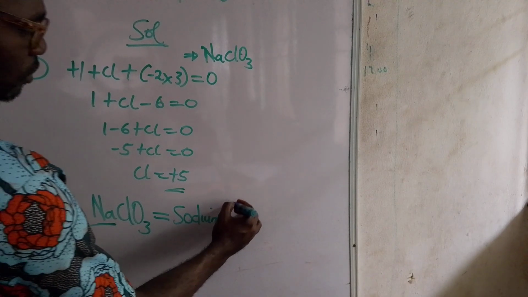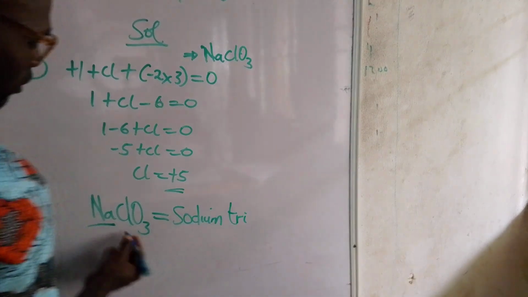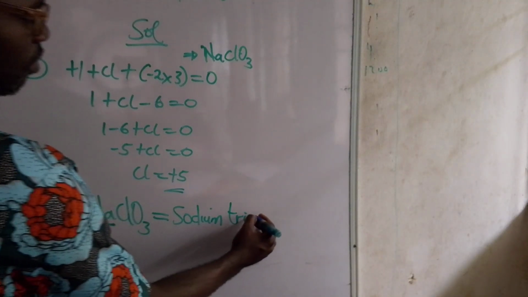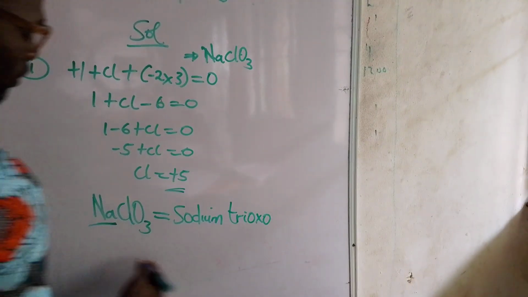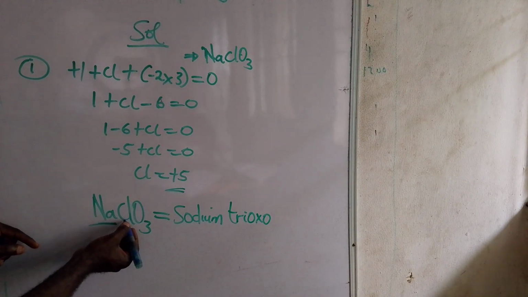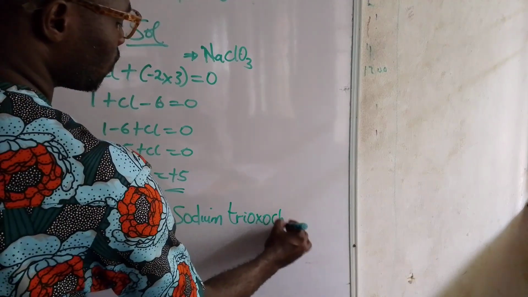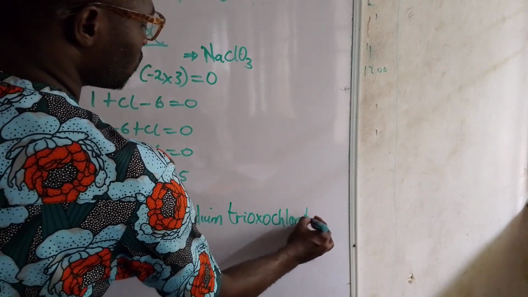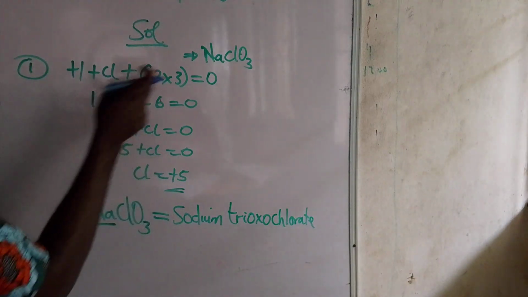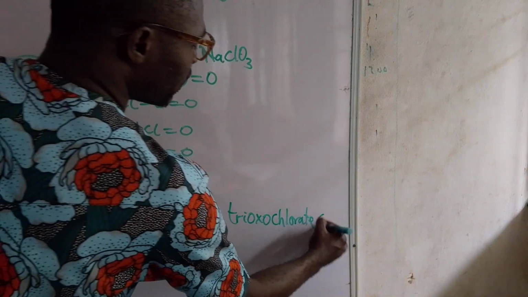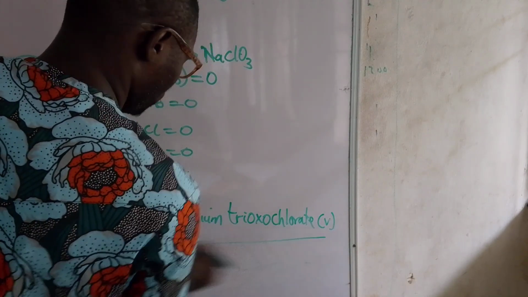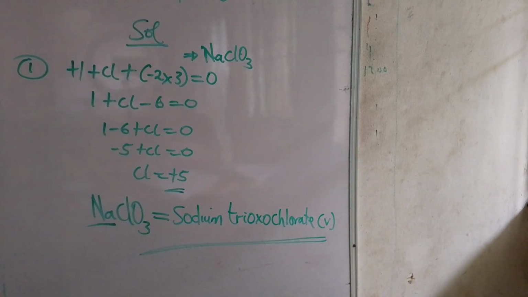So tri, then oxygen will be oxo, then chlorine will be chlorate. Then this 5, instead of chlorine there, will be in Roman numeral form. This is the answer. That is IUPAC name.